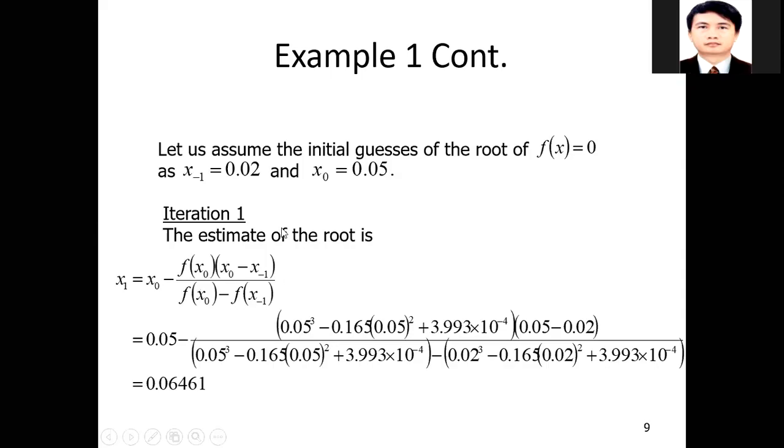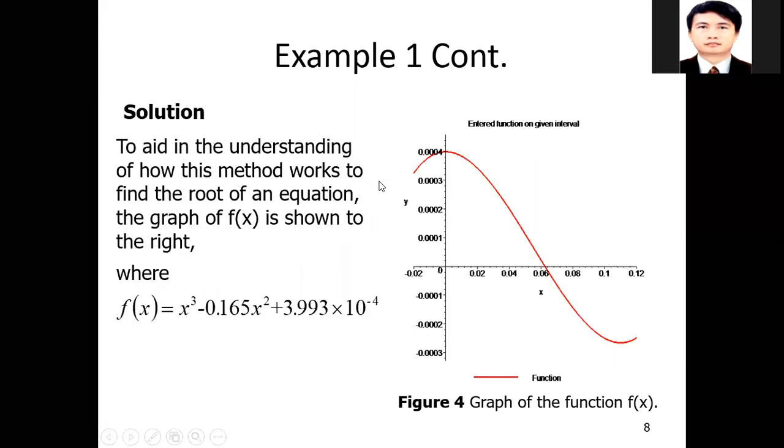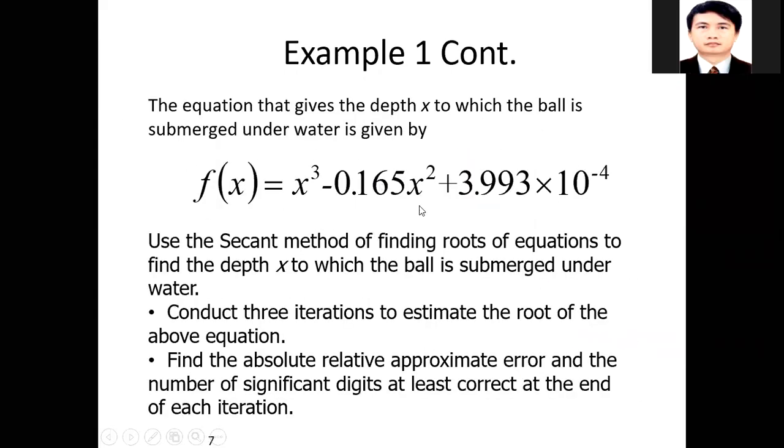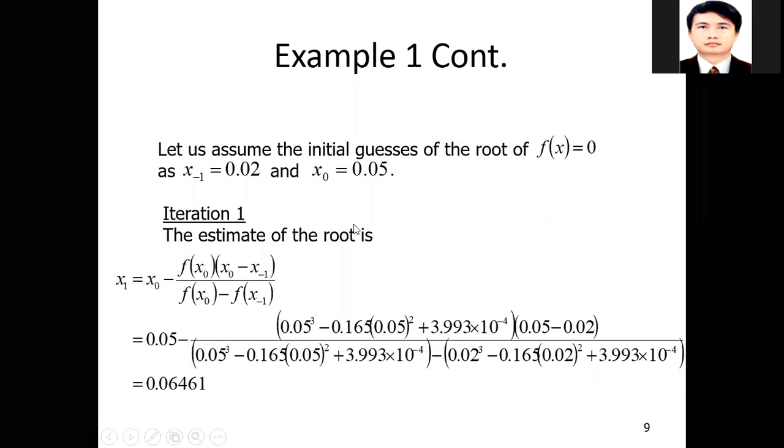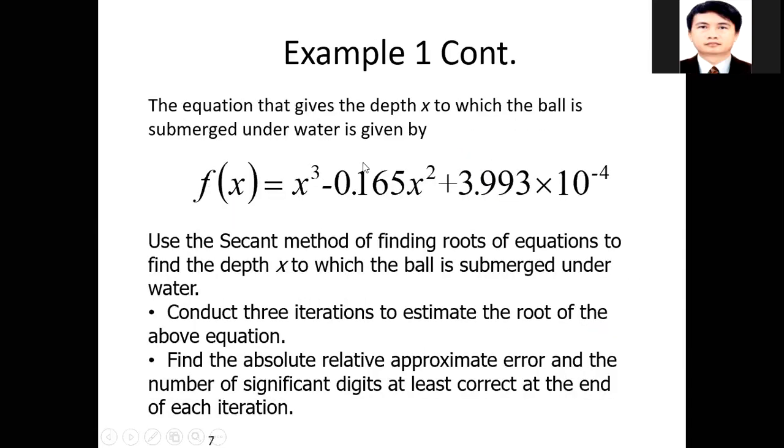Okay, so just substitute since we're given here the x sub naught, x sub -1, and of course you can determine f of x sub naught by substituting this 0.05 to this given function. Okay, similarly, we can determine f of x sub -1 by substituting this 0.02 to the given function.